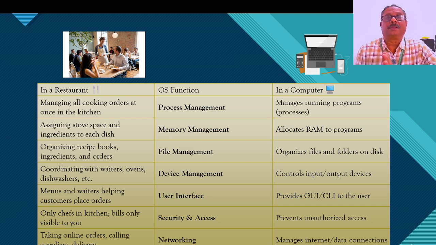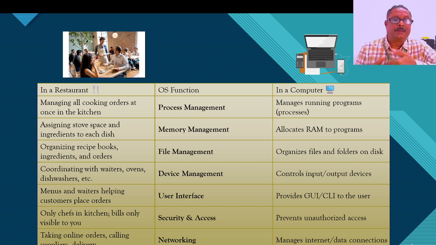And finally, coming to the networking part of the operating system, in the restaurant version, we can talk about online orders. Then we take care of the supply chain, getting the orders, purchasing the raw materials, and delivering the prepared items to remote customers. These are all taken care of by networking, the supply chain.